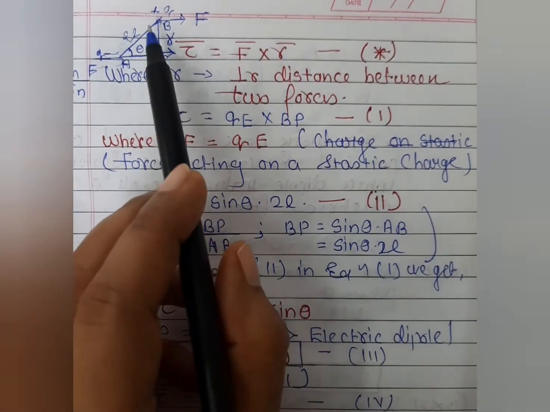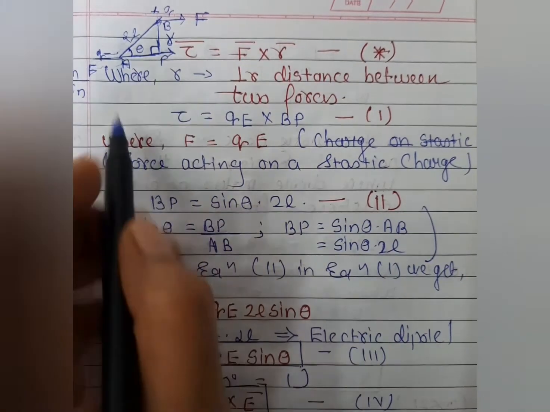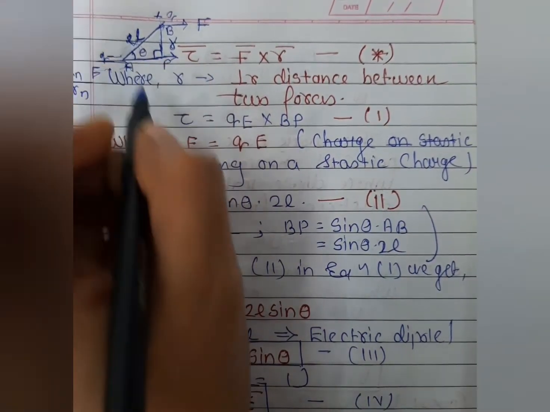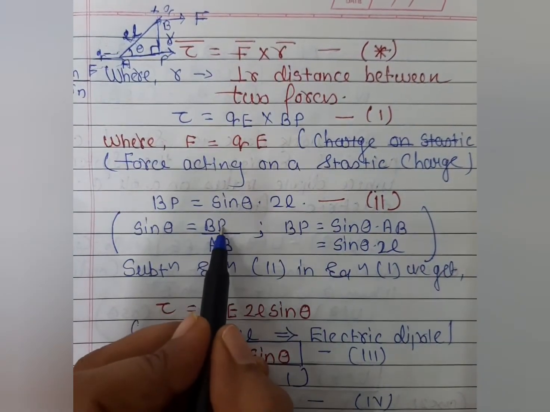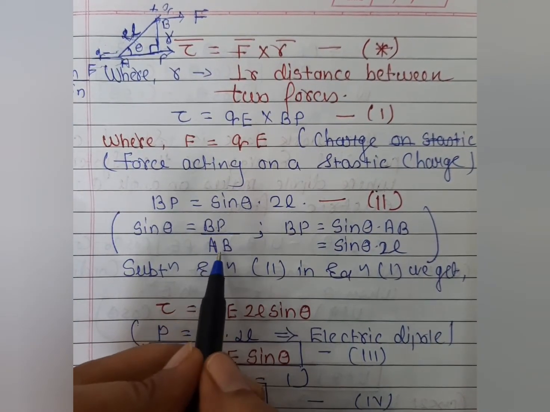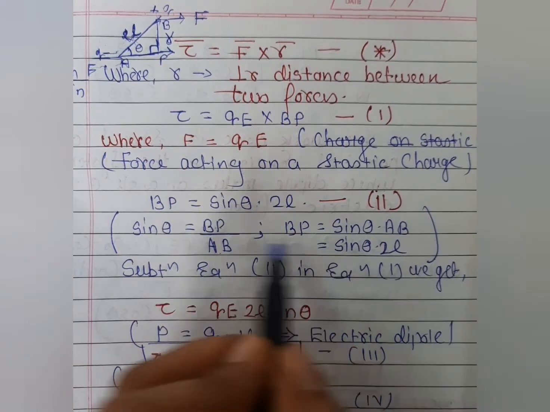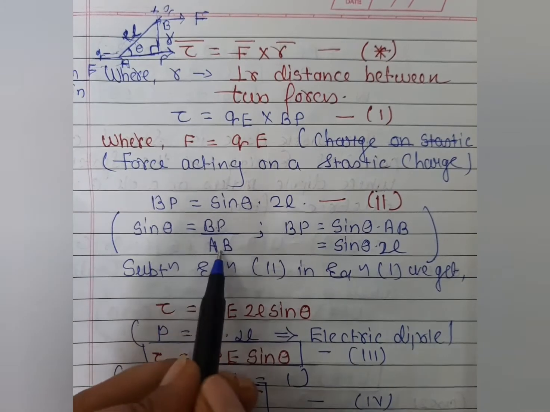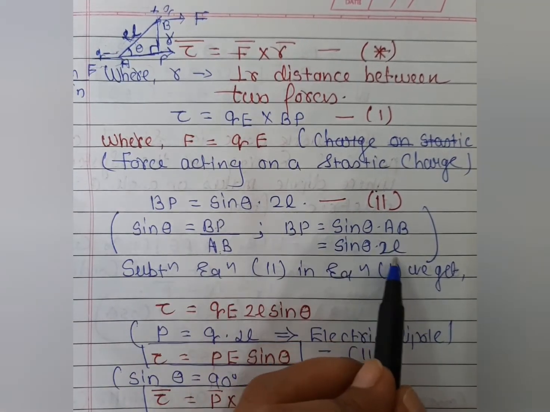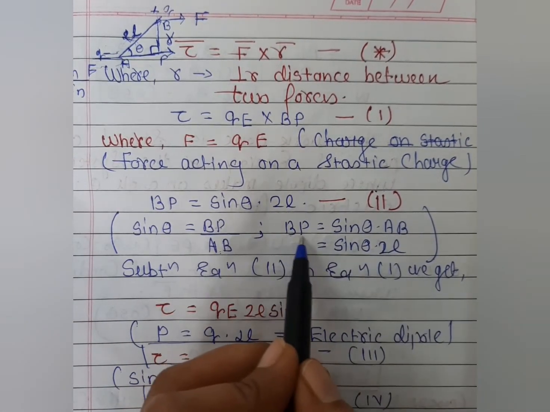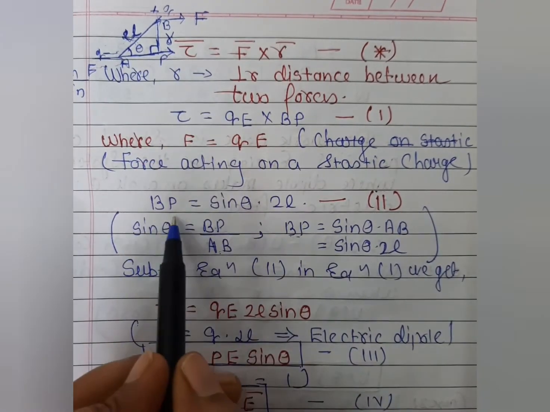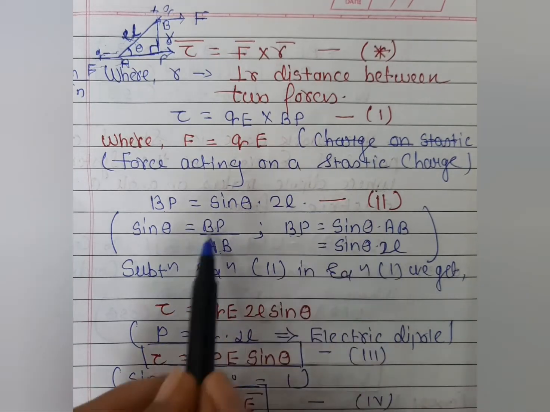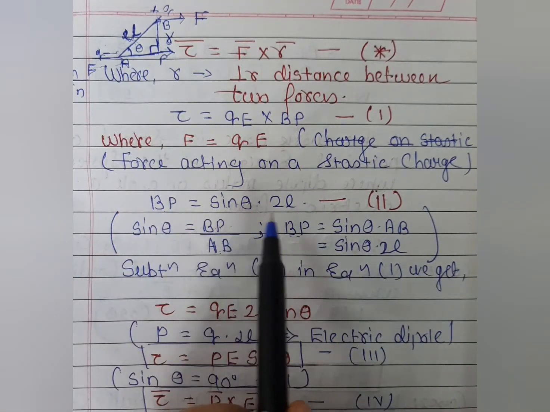Opposite is BP and hypotenuse is AB, and AB is 2L. So BP, which is R, equals sine theta into 2L. That is equation 2. Now you got how BP is sine theta times 2L.